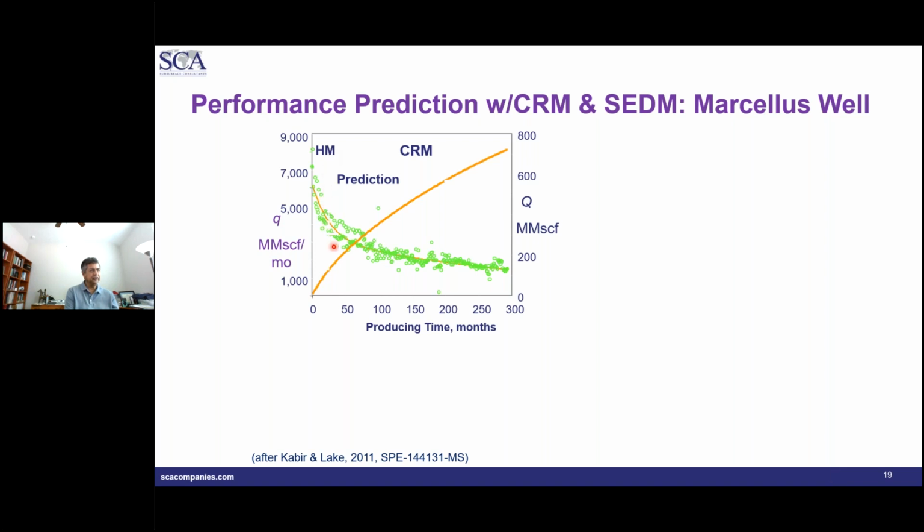So we history matched just part of it. We got the parameters and we forecasted the rest of it. And in the Marcellus, wow, the CRM and actual production match was good. Our history match was this part, the dark color, and the rest were projections.